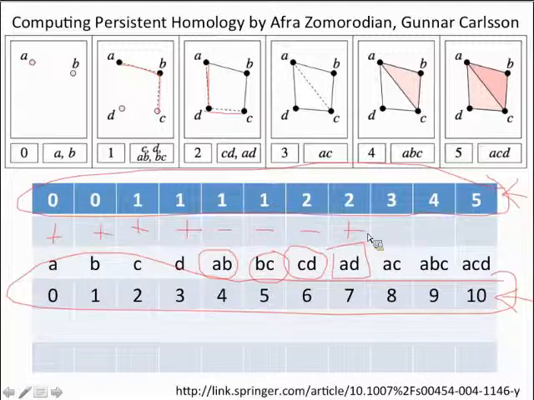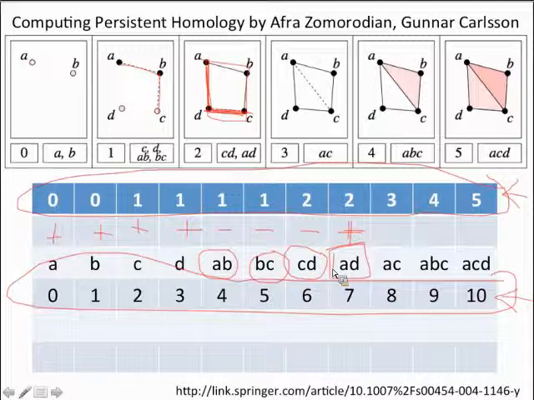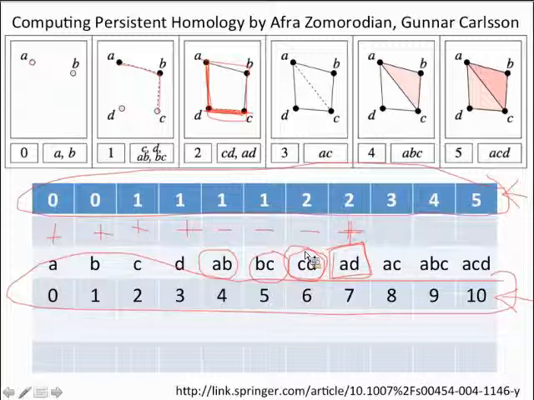I'm either destroying something in the preceding dimension, so by adding this edge I destroyed a zero-dimensional, an H0, component, versus when I add in this edge, I created a one-dimensional cycle. So an edge will either create a one-dimensional cycle or remove a component, that is, remove a zero-dimensional generator.